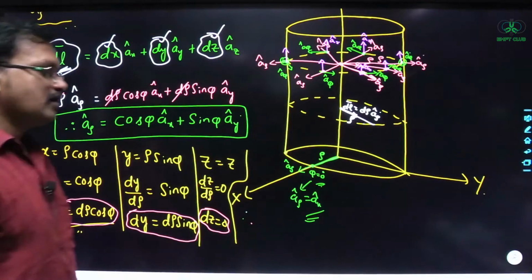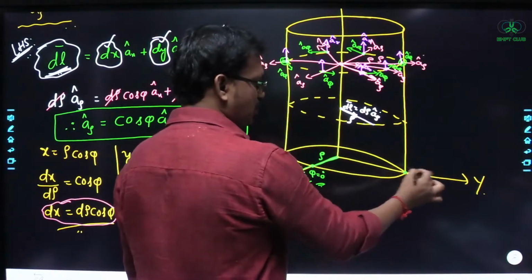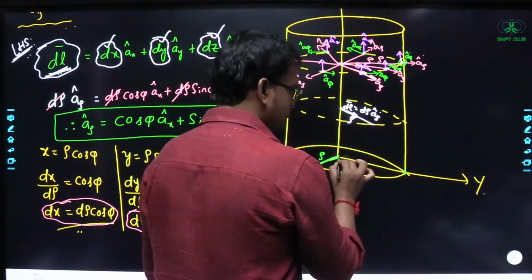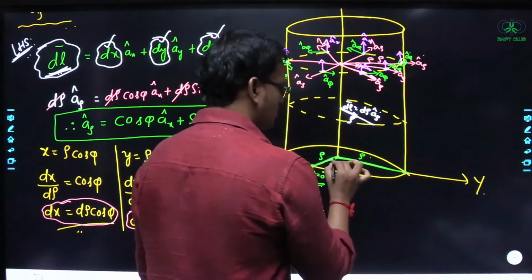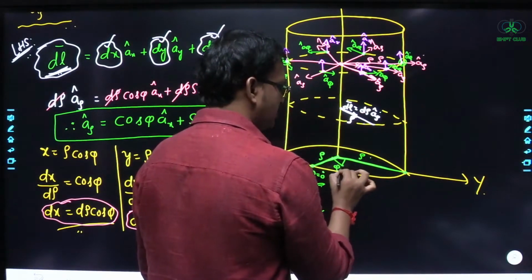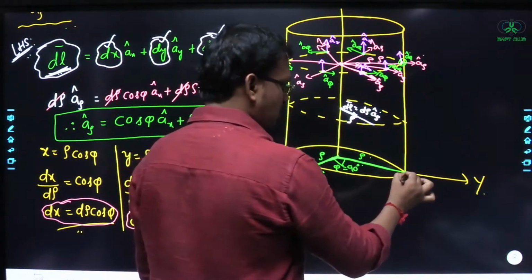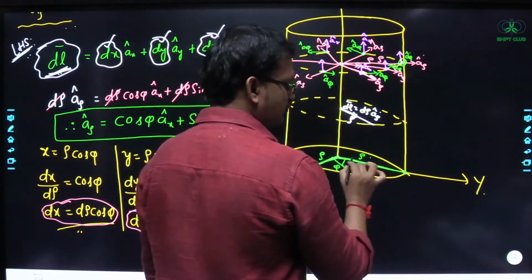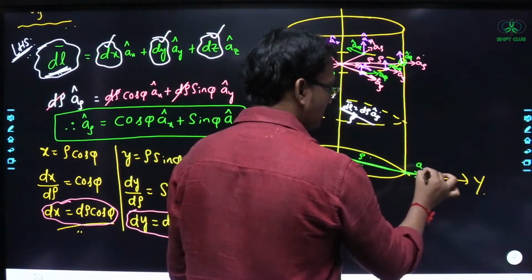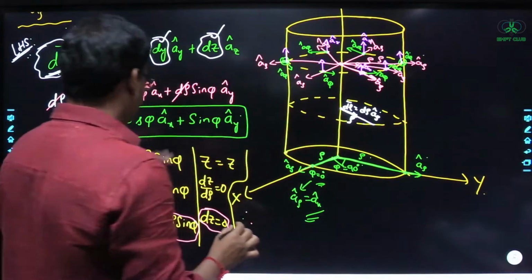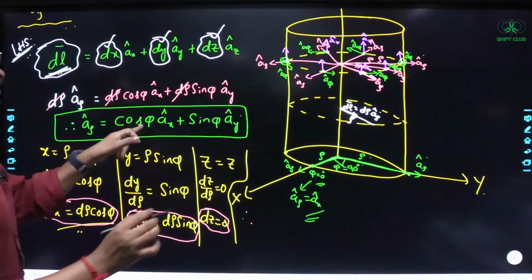Similarly, when phi is equal to 90 degrees, that means if I consider a point along the y-axis, the normal distance from here to here is nothing but rho, and this angle phi is equal to 90 degrees. At this location, the direction of rho is pointing along the y direction. Understood? Now substitute phi equal to 90 in this expression.